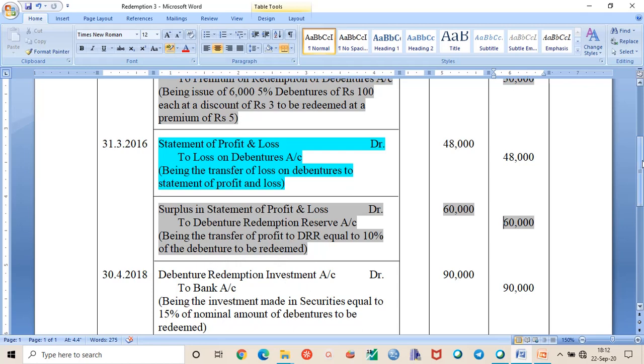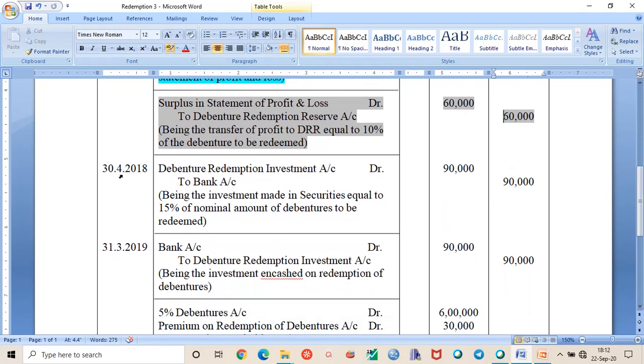So I am assuming the date to be 30th April. You can write 1st April also, there is no issue about it. On this date, you will make the entry: debenture redemption investment account debit to bank account. And on the date on which the debentures are to be redeemed, you will encash this DRI. The entry will be just the reverse: here it was DRI to bank, and here it will be bank to DRI. This is your entry.